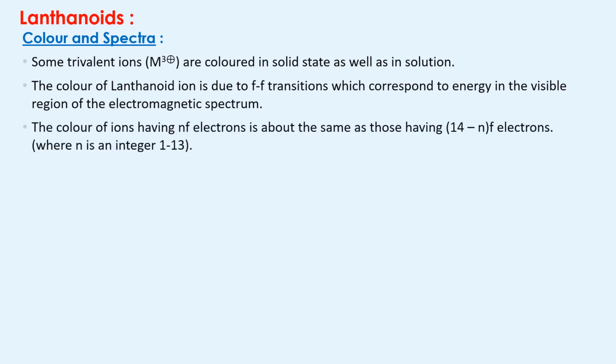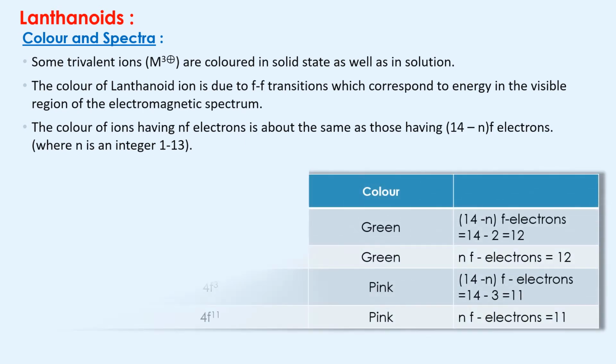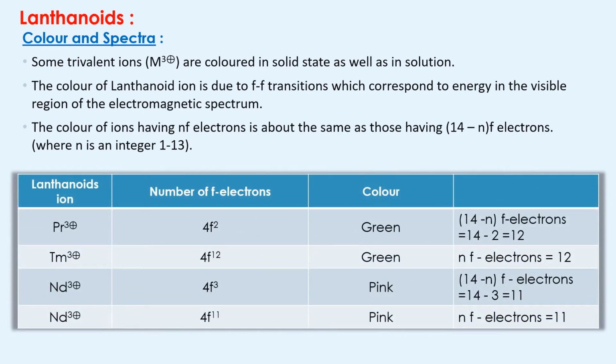The color of an ion having n f electrons is about the same as those having 14 minus n f electrons, where n is an integer from 1 to 13. Now see this table: promethium in 3+ oxidation state is green in color.